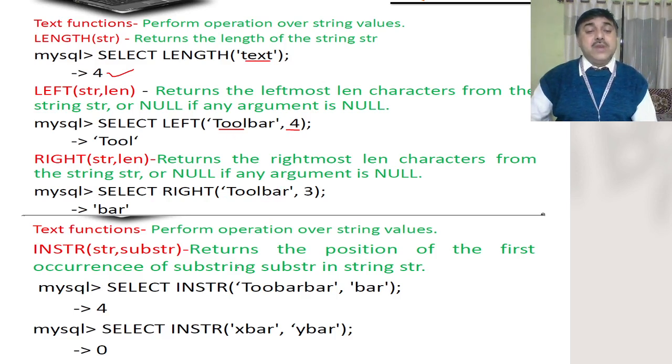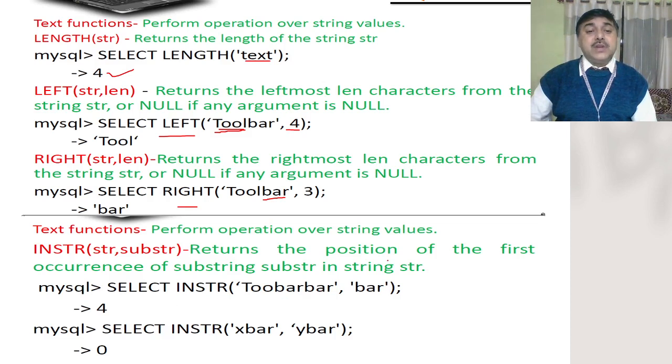So this is how we find the length, how much length from the left hand side: 4 values taken. From the right hand side, 3 values taken. So this bar will be inserted. That means 4.